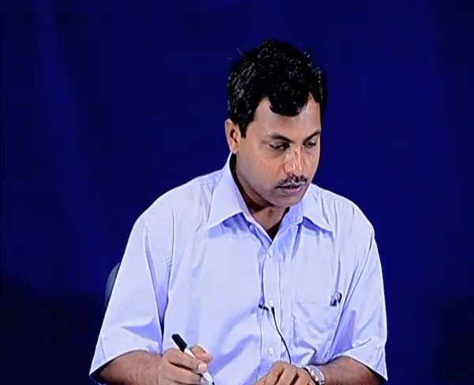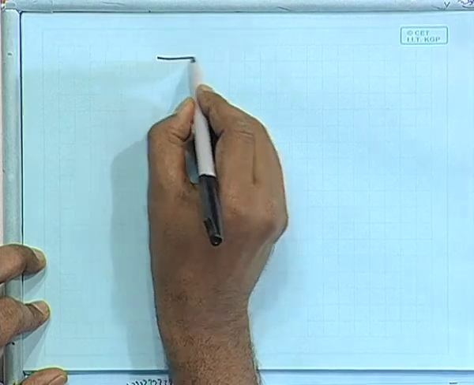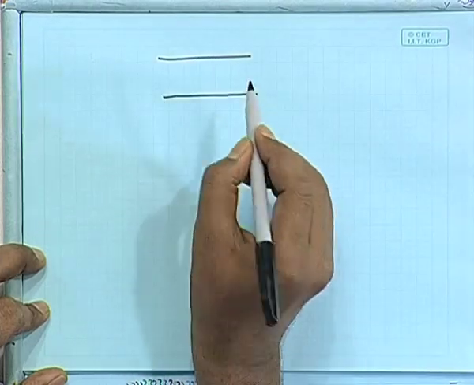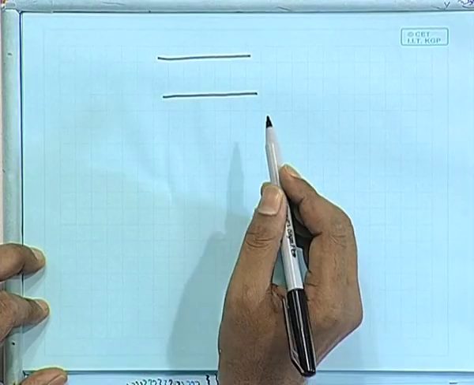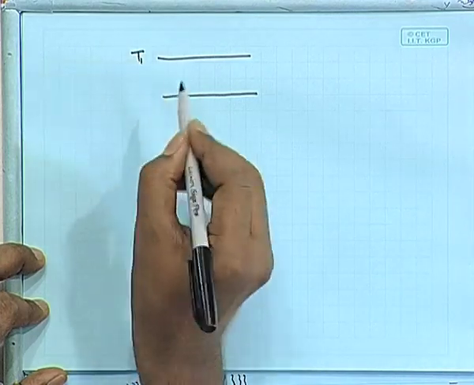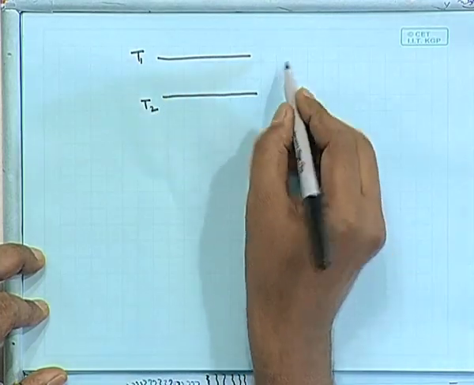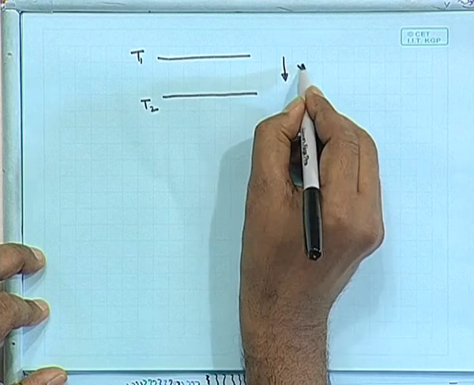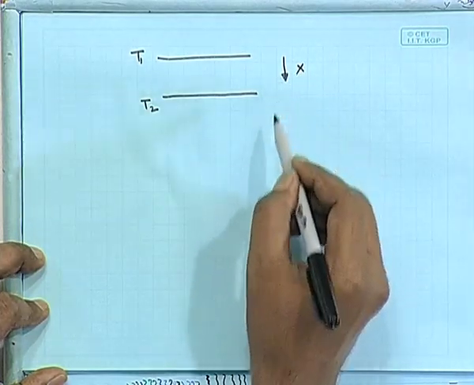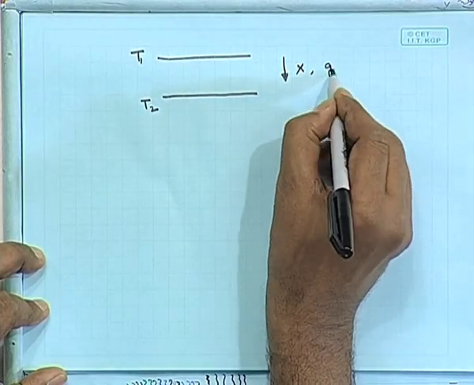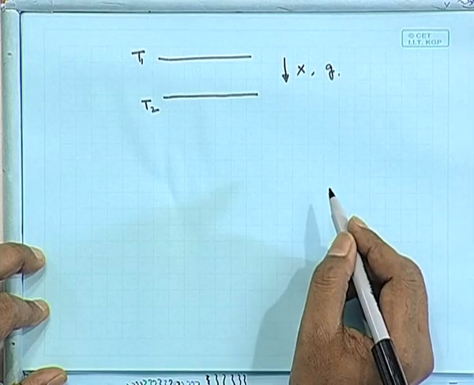Okay. Now, consider two plates at two different temperatures, T1 and T2, and let us say the direction x is pointing downwards, in the same direction as the gravity force.